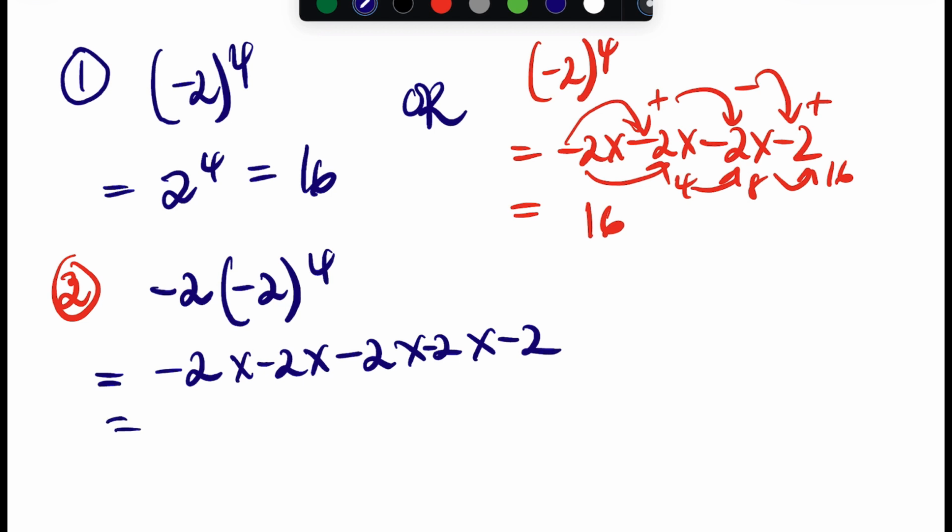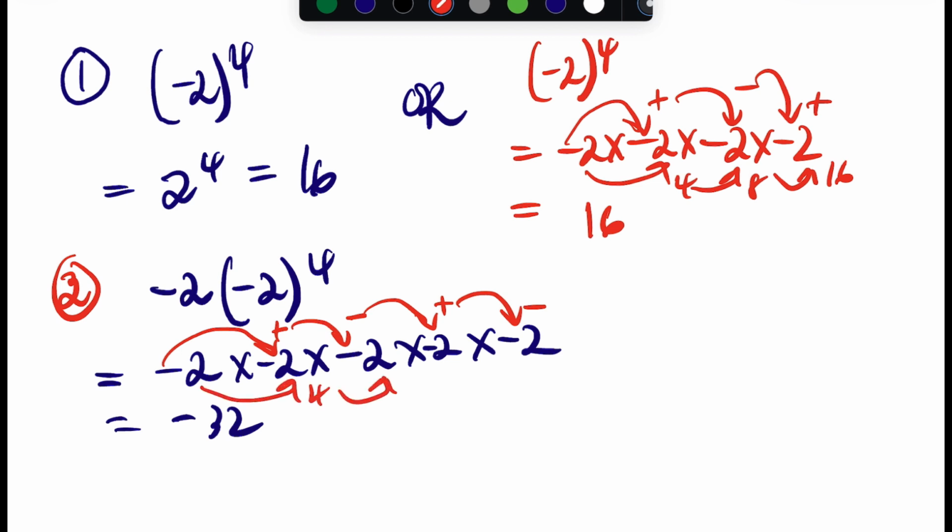If you say negative times negative, positive, positive times negative, negative, negative times negative, positive, positive times negative, negative. And then 2 times 2, 4, 4 times 2, 8, 8 times 2, 16, 16 times 2 is 32. So the answer there is negative 32.